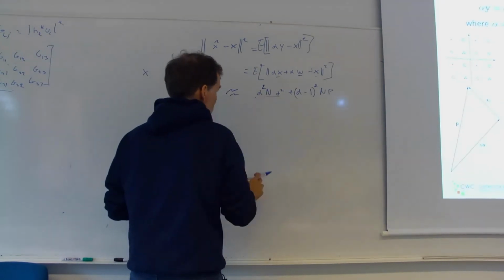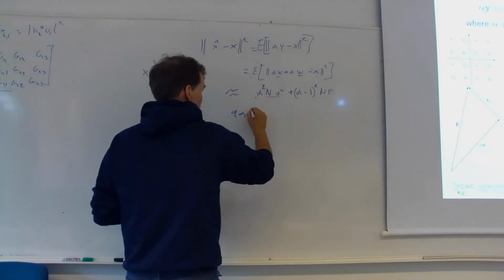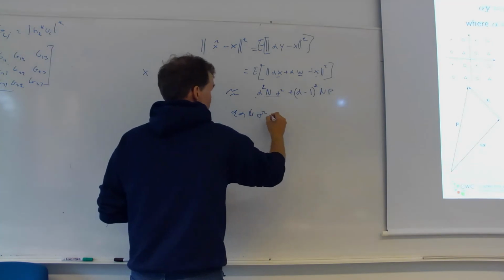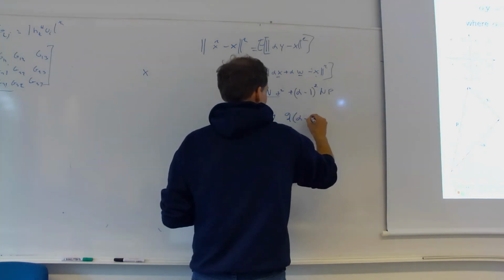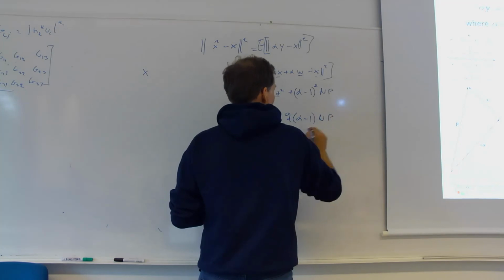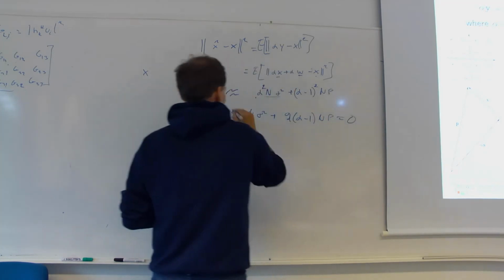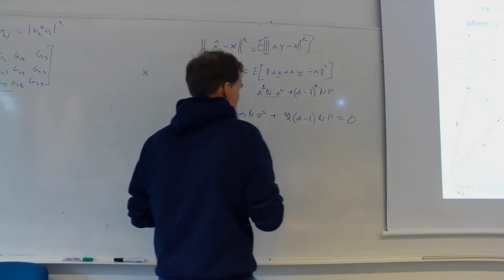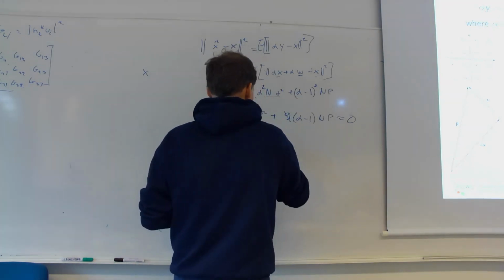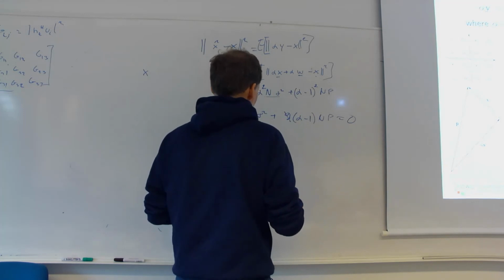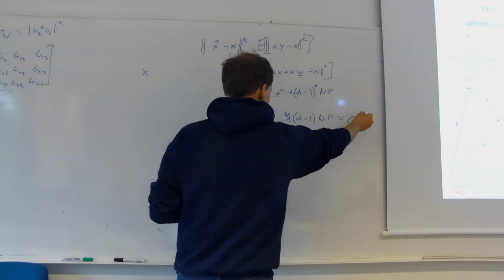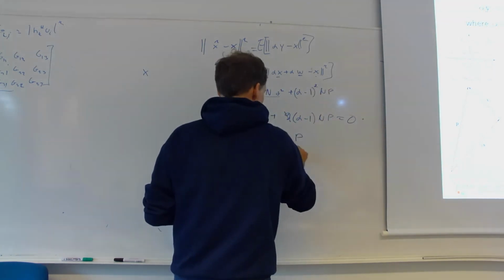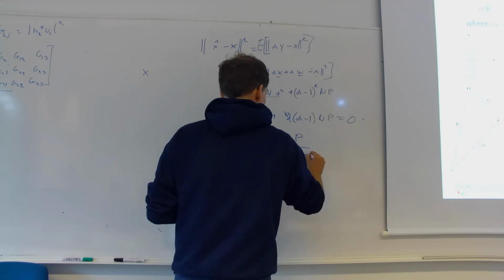You differentiate with respect to alpha and get 2 times alpha n sigma squared plus 2 times (alpha minus 1) times n P. Set that to 0, the 2 cancels out, and you get alpha equals P over (P plus sigma squared).